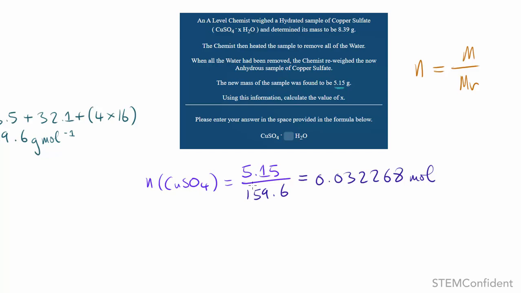So that's basically to 5 significant figures. But now that we've got that, we also are going to look into what's going to be the number of moles for the H2O. So how could we work out the number of moles for the H2O?